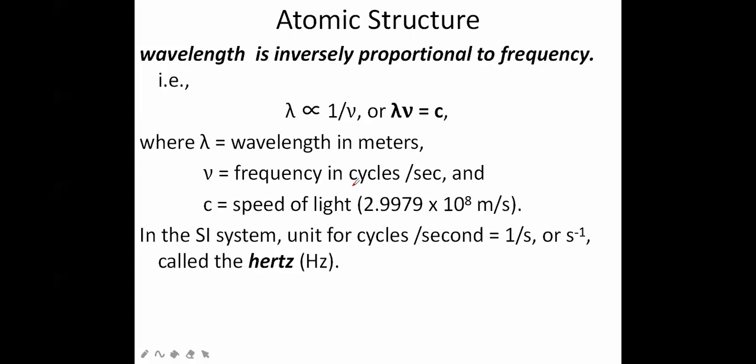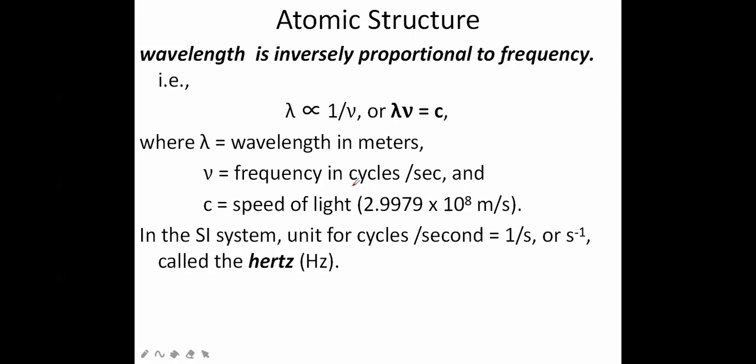So here we're looking at the wave nature, and we have our first equation, which relates wavelength, frequency, and speed of light. Frequency is v, lambda is wavelength, and c is the speed of light.